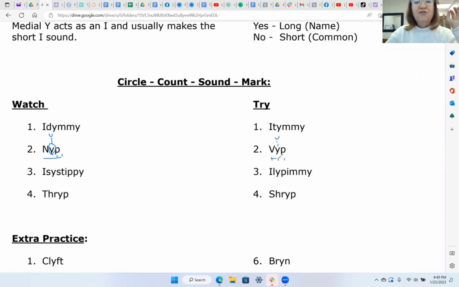It's vip, vip, vip. If you thought that was a V, and if you thought that was a P, then that word would have been something like vipa, a lot harder than it has to be. So it's really important to have the clean, pure, clear, crisp sounds of those letters.